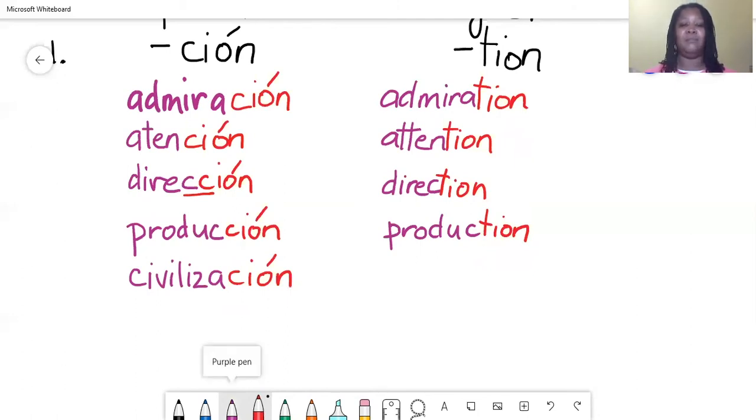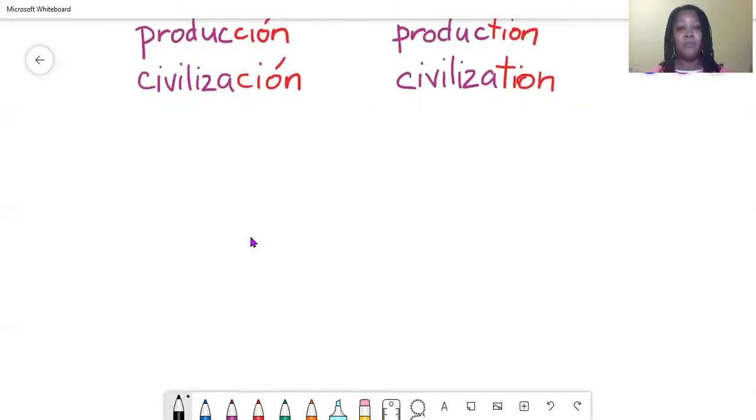Civilización becomes civilization. And so that caps category 1 of direct cognates.